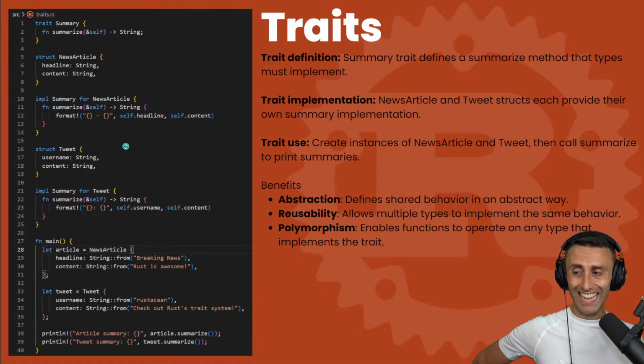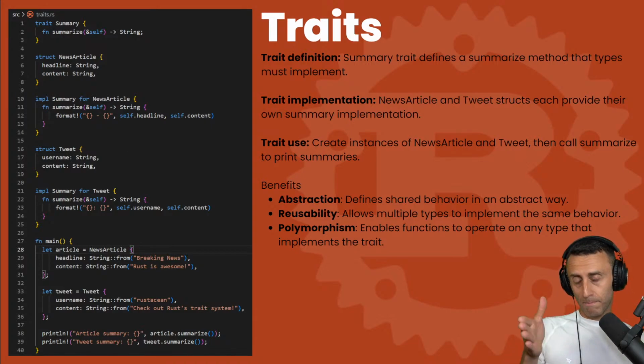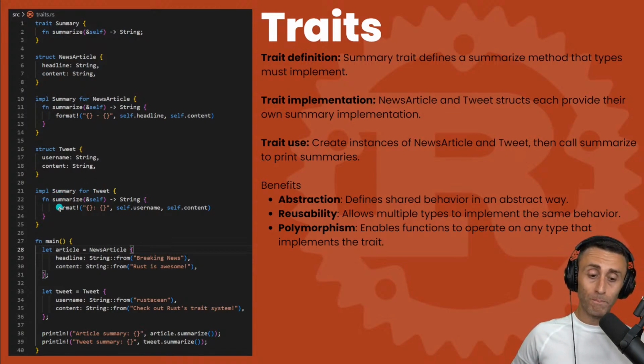Check line 10, it is very important. Implement Summary, which is basically this sort of interface, for NewsArticle. And this is how we implement the summary for the news article. And check line 21, we implement a summary for the tweet. And in this case, you see that we have self.username and self.content.